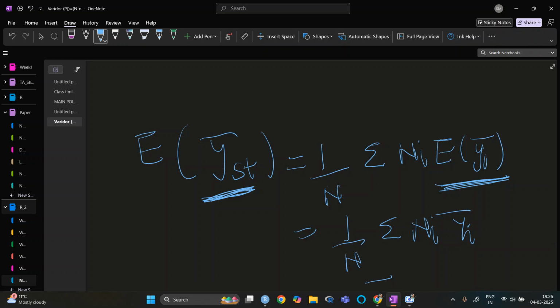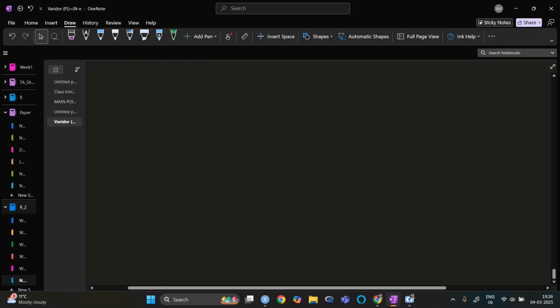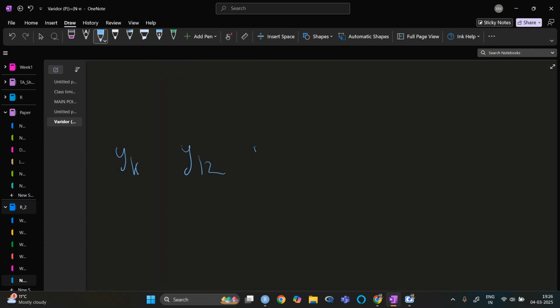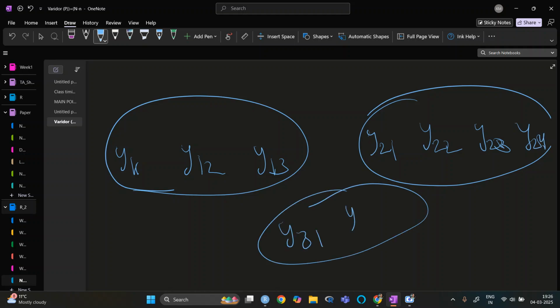So ȳ_st, understand in this way. Let's say y11, y12, y13, and y21, y22, y23, and y24. Let's say y31 and y32. So ȳ_st, expectation of ȳ_st, basically includes everything.